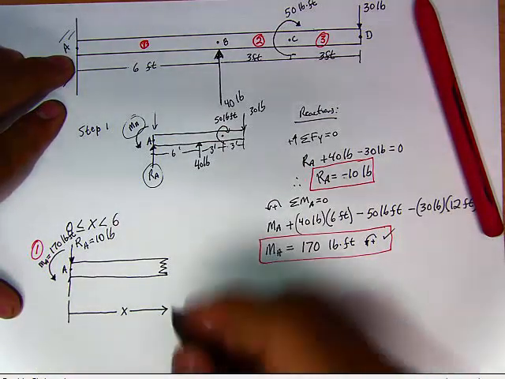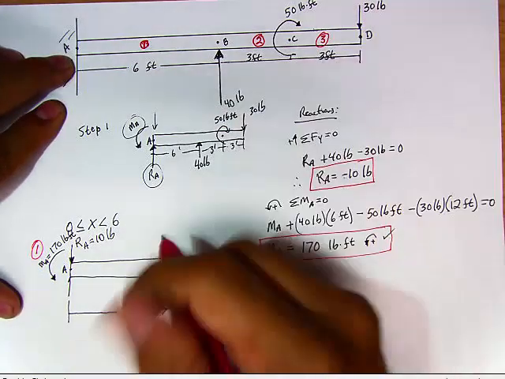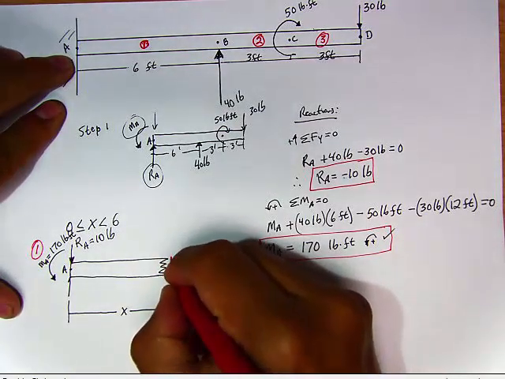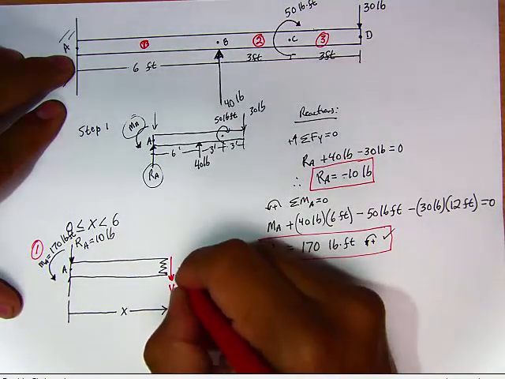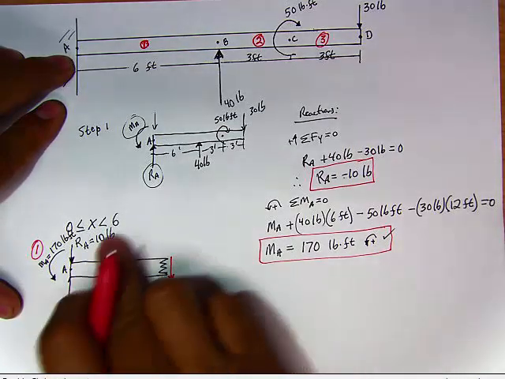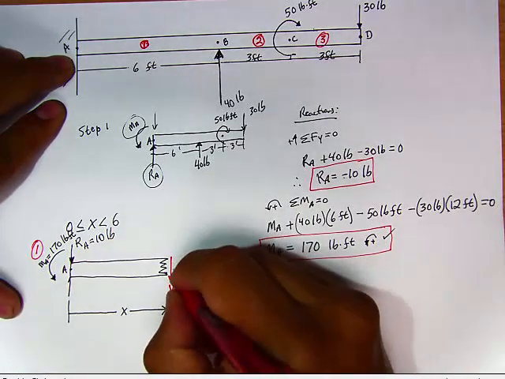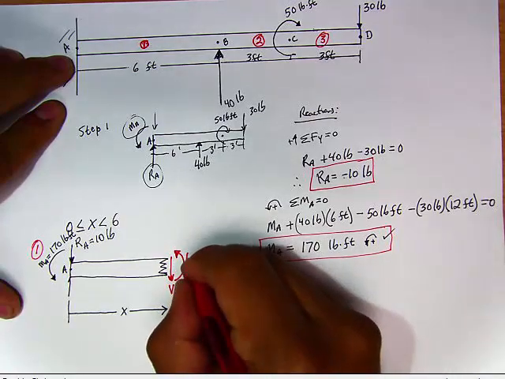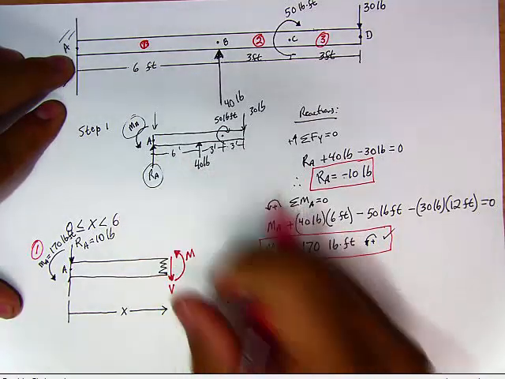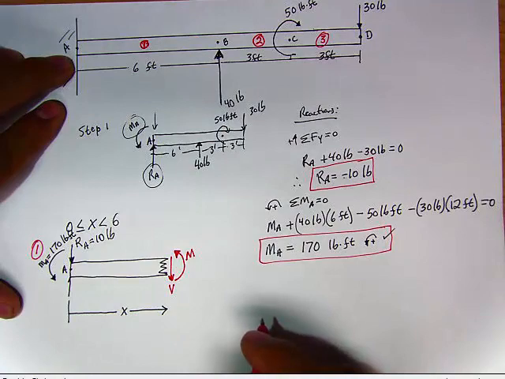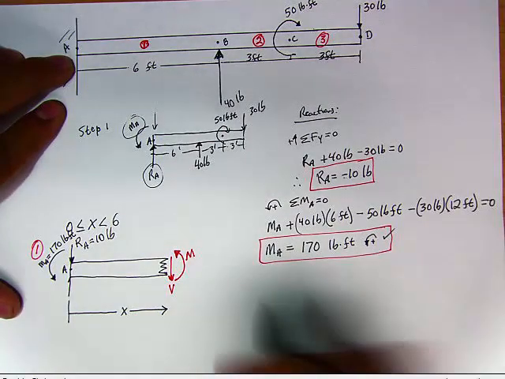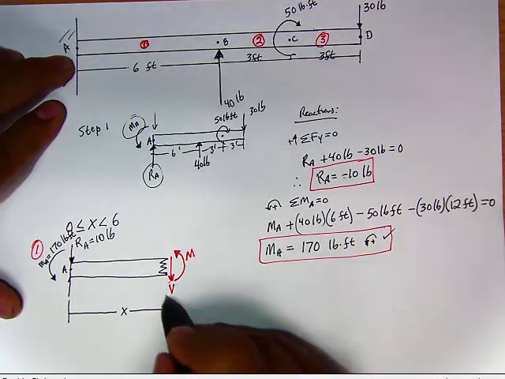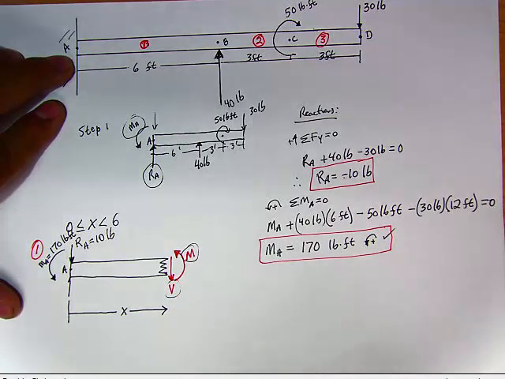And then, of course, we have to draw our shear. Always making sure that the shear produces a clockwise movement. Our moment, that always makes a happy face. And that's pretty much it. So let's find out the equations of our shear and moment.